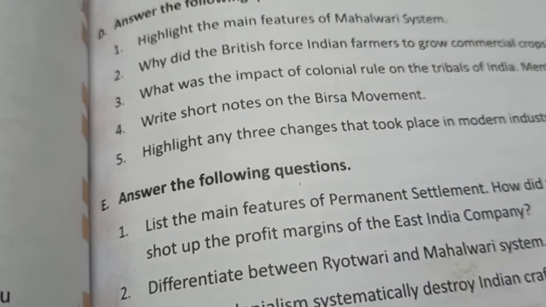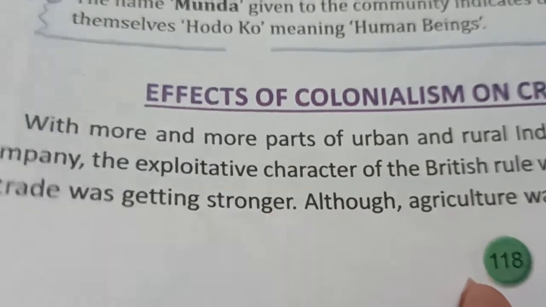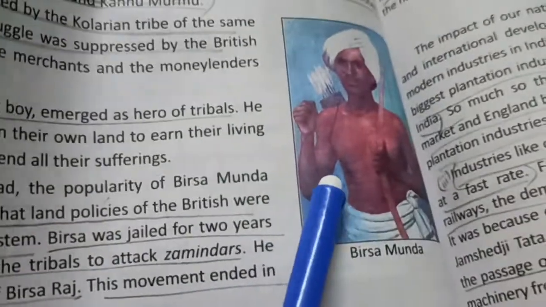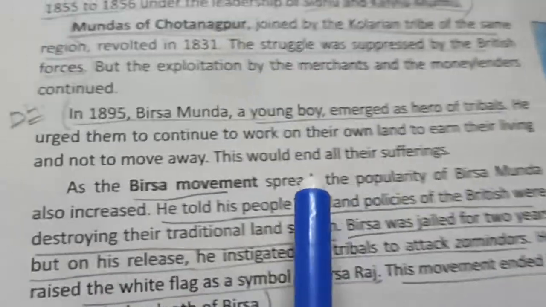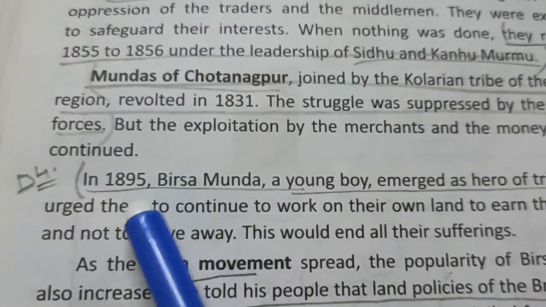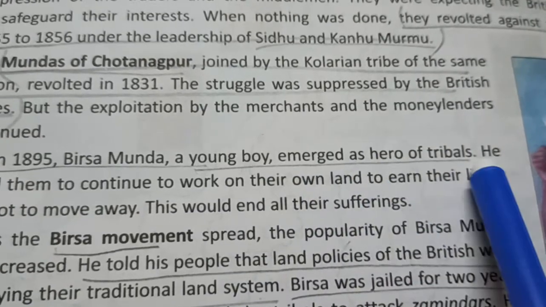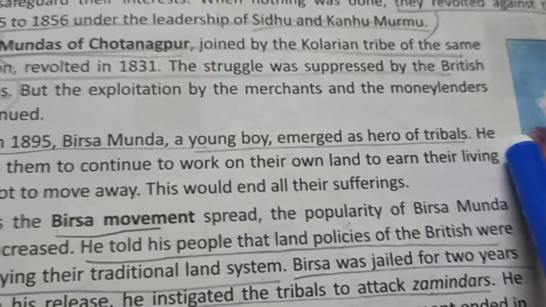And for this answer, take out page number 118. Here you see the picture of Birsa Munda is given. You can write the answer from here. In 1895, Birsa Munda, a young boy, emerged as the hero of tribals.